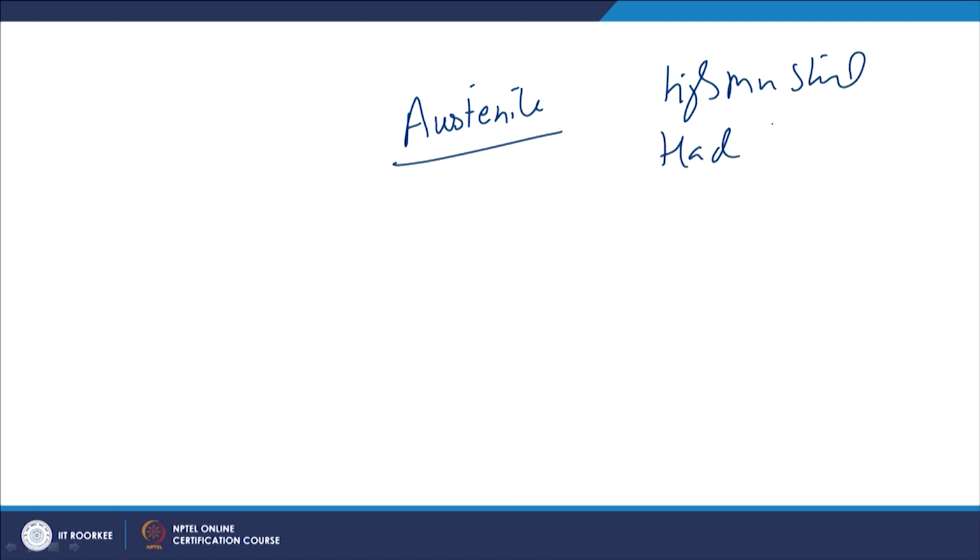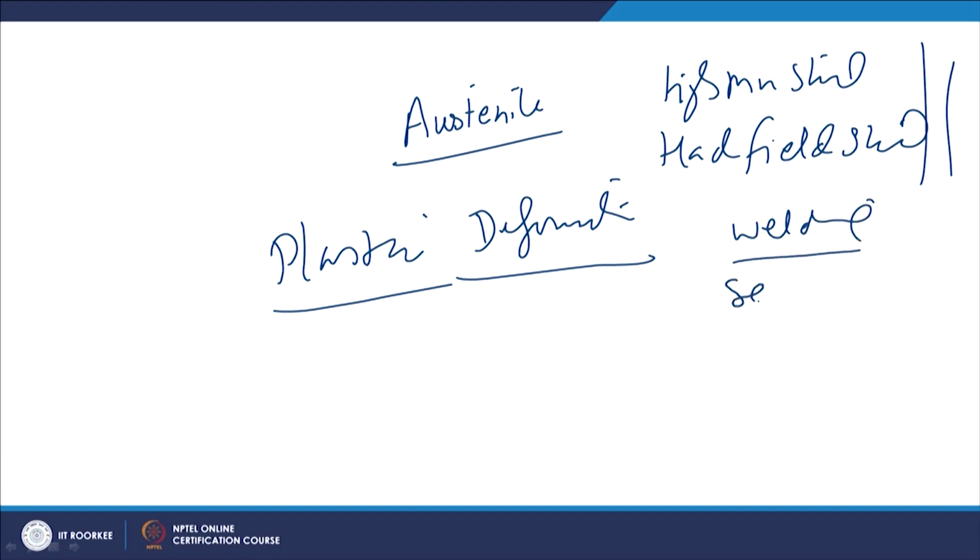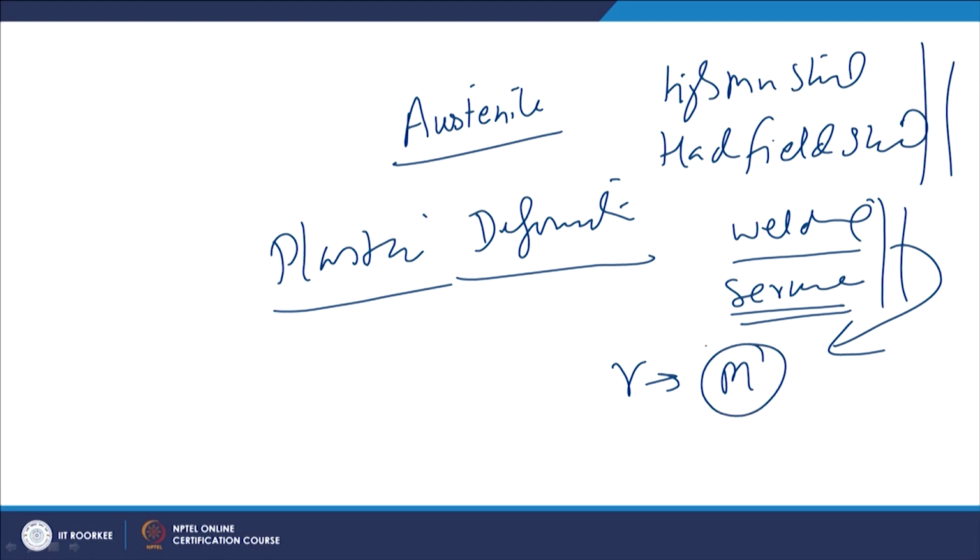There are a few categories of steels, like high manganese steels or Hadfield steels, where the microstructure is primarily austenite at room temperature. When these steels are subjected to controlled plastic deformation, either during welding or during service, the austenite will transform into martensite.